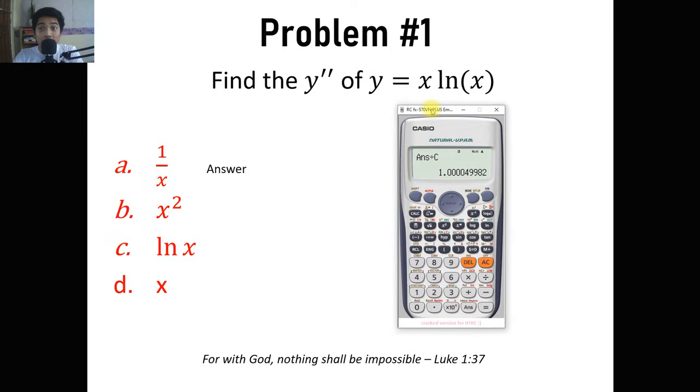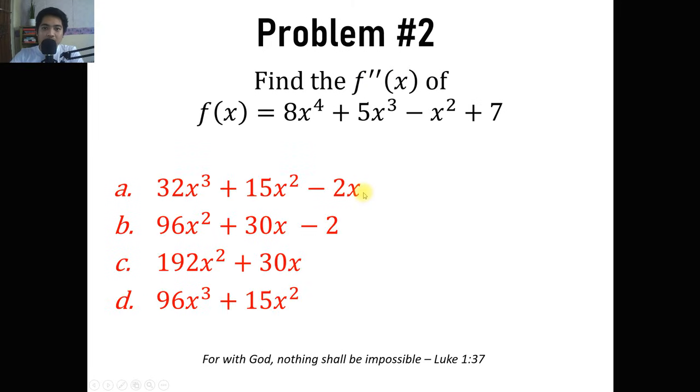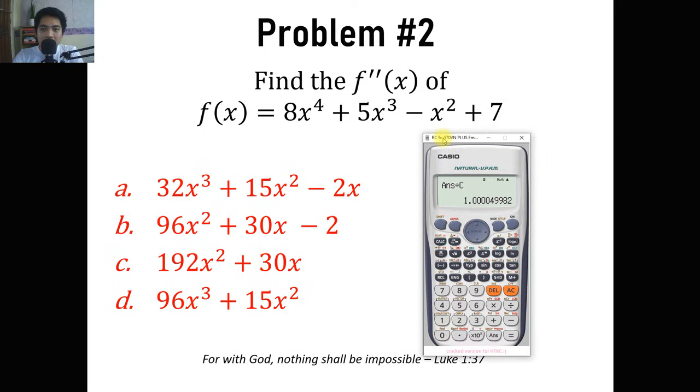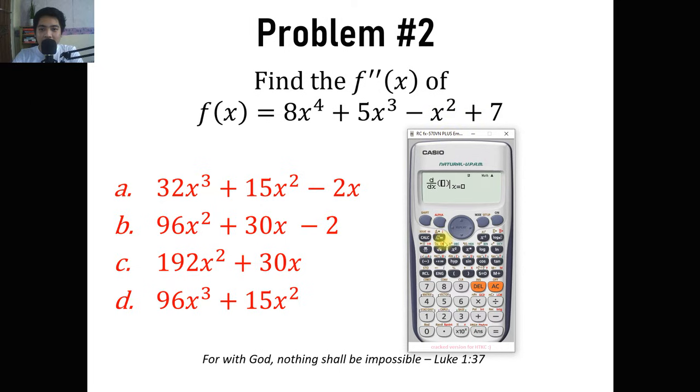Okay, and I hope you learned that. So let's try again. Though this is a very easy derivative, let's try to apply calculator techniques. So we have 8x raised to 4 plus 5 alpha x cubed, minus alpha x squared plus 7.